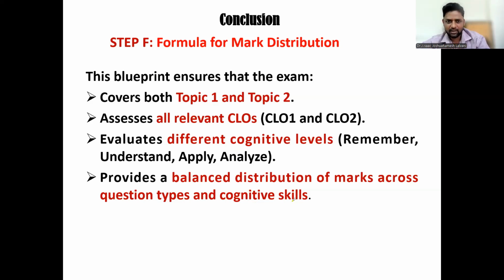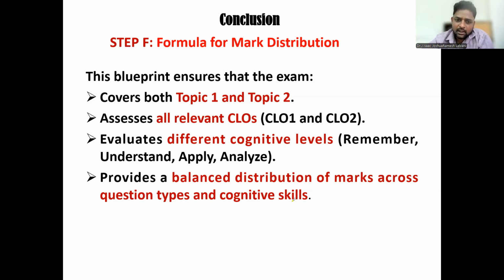And by evaluating with different levels of Bloom's taxonomy, we distributed the examination at a fair level. If the topic is somewhat difficult, then the level of the question is also difficult. If the topic has a lesser difficulty level, then we use a lesser difficulty level.